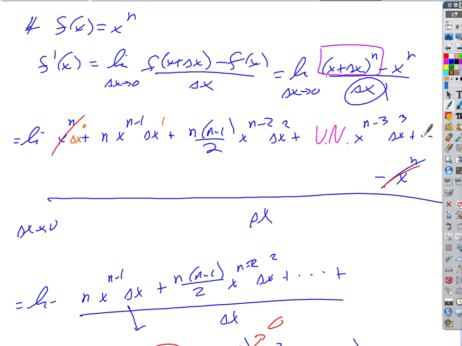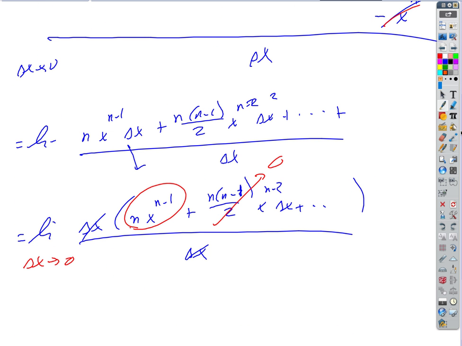And so when we do our limit, we can factor a delta x out of the top and cancel that with a delta x on the bottom, and then that first term is the only term that doesn't end up with a power of delta x still attached to it, right? So in the limit that we let delta x go to 0, all of the other n terms are going to vanish, and that first one is the only one that sticks around, right?